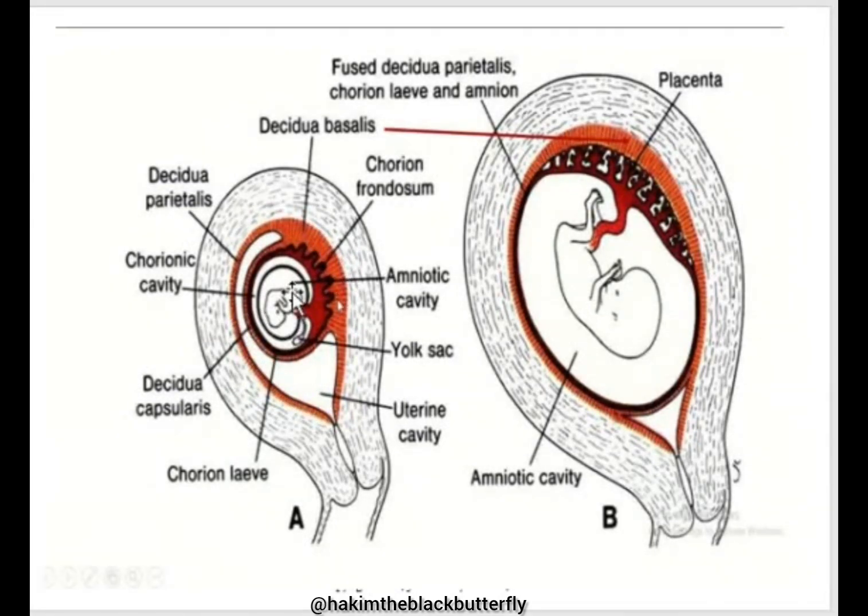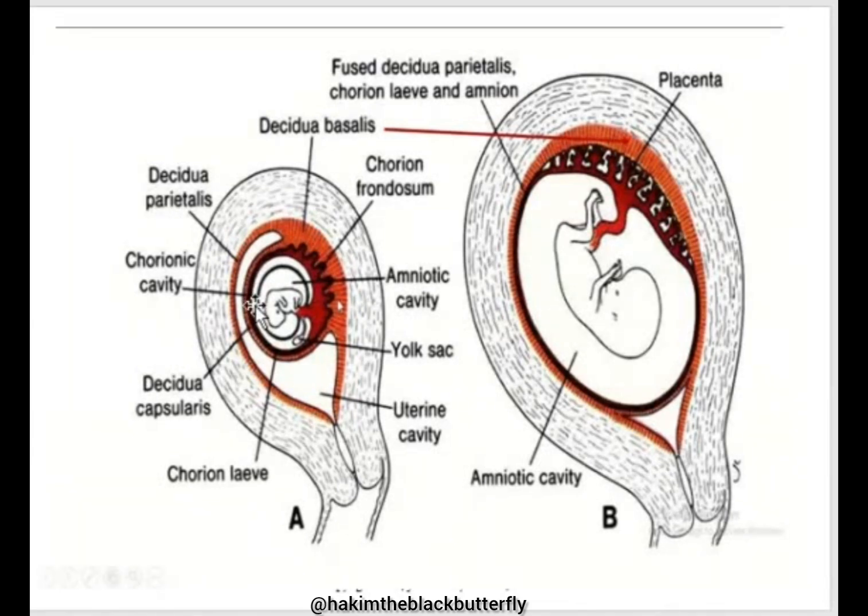This embryo increases in size, it grows outwardly. When it grows outwardly, the amniotic membrane fuses with the chorionic membrane, so that the chorionic cavity or gestational sac obliterates.